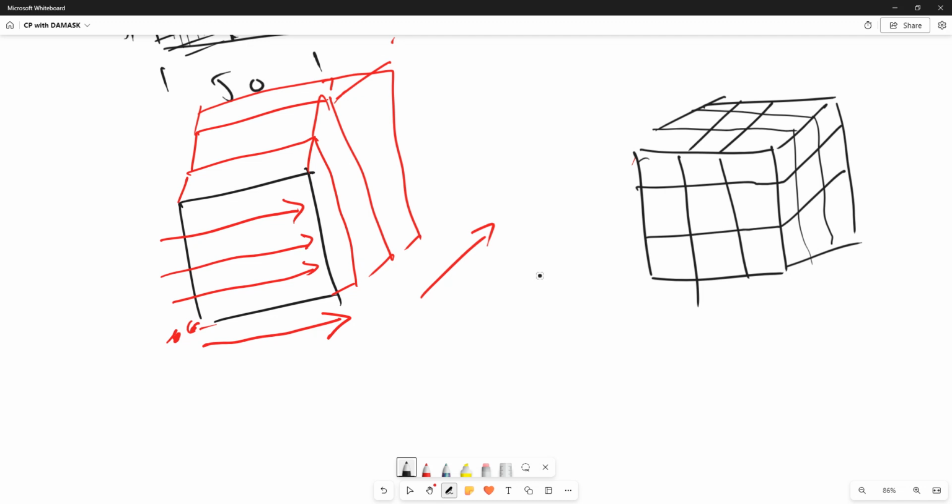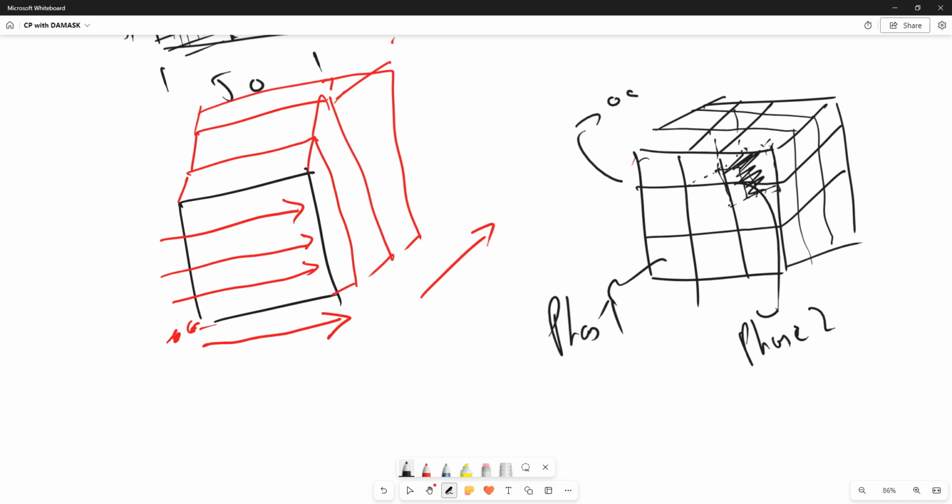In the middle of this geometry, this middle block is another phase, but all the others are phase 1. So everything is phase 1, the middle block is phase 2, and everything has orientation 0, 0, 1.